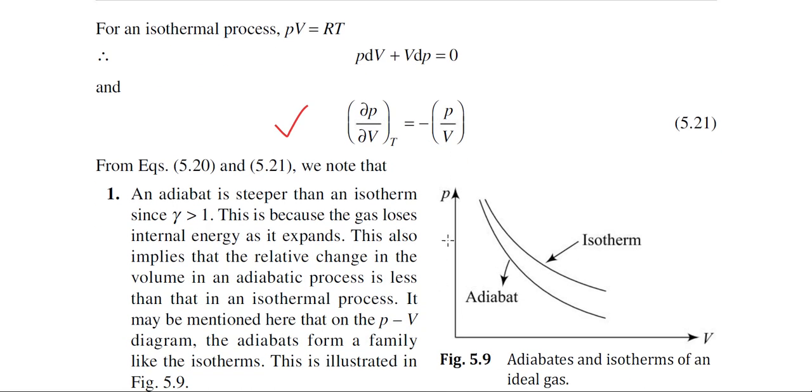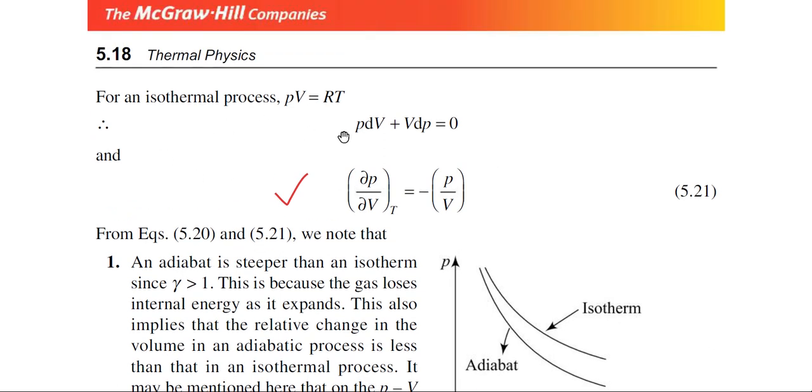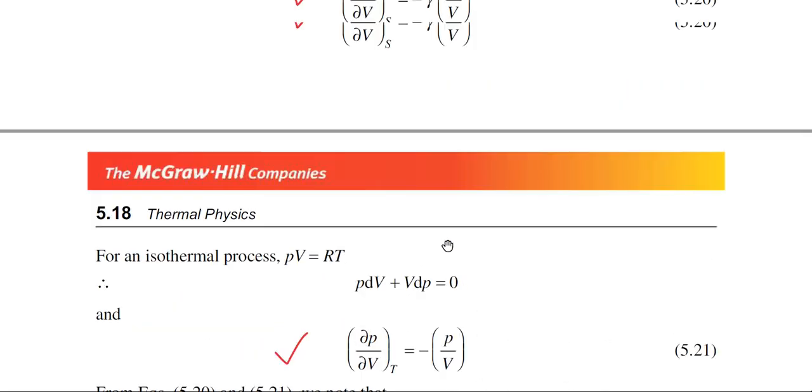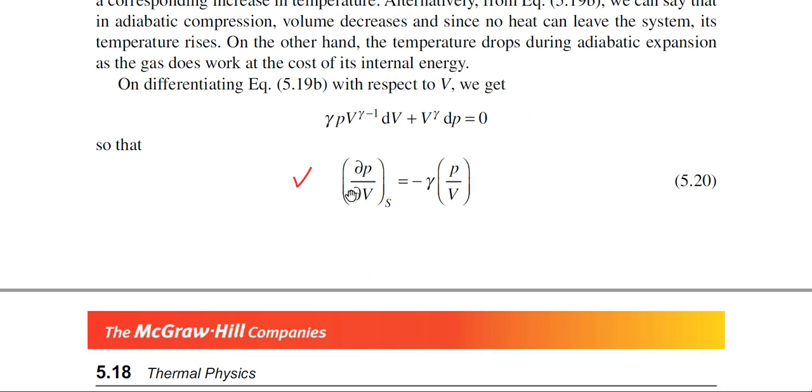So, if you plot a diagram between pressure and volume, you see that for an isothermal process the slope of the curve del P by del V is equal to minus P by V, whereas for an adiabatic process del P by del V is equal to minus gamma into P by V. So, this particular slope has been increased gamma times.